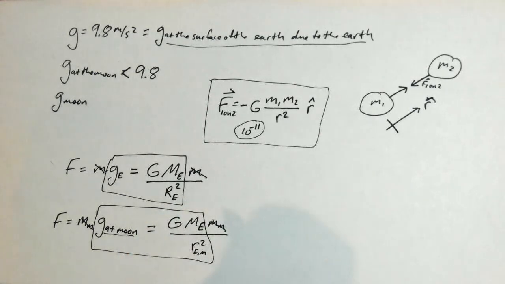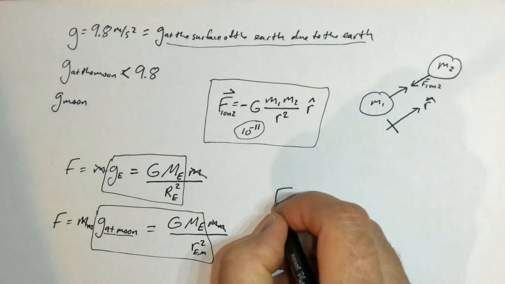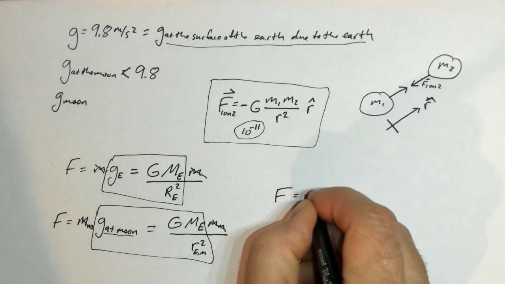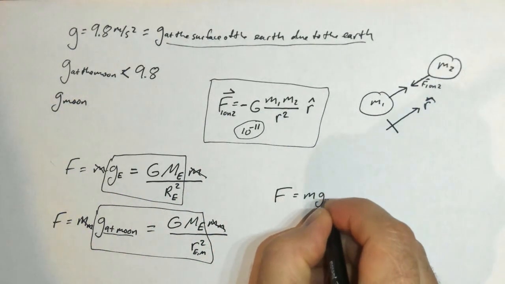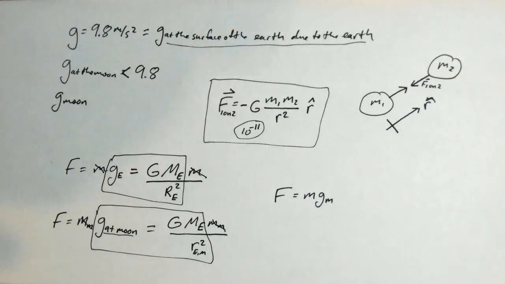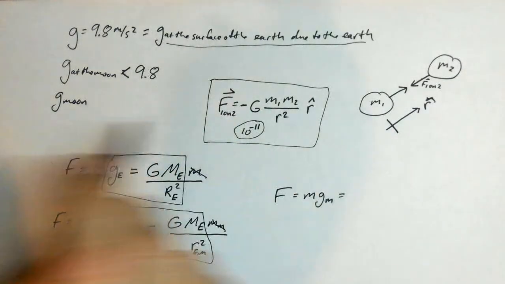Well, what about the moon? Now let's suppose I'm standing on the moon. Well, I could say, here's my mass. I'm standing on the surface of the moon, so this is g_m, meaning g of the moon. This is caused by the moon, right? It's not the Earth at the moon, but it's caused by the moon. That's going to be equal to the universal law of gravity.